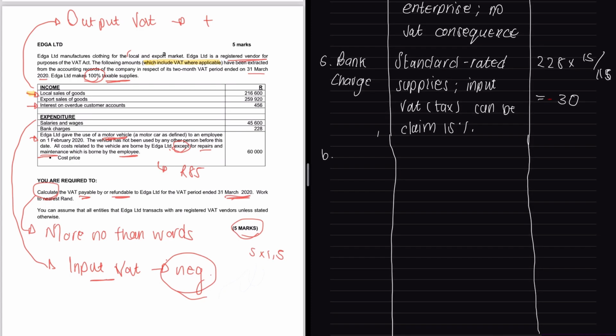So this starts. So we can say use of motor vehicle. This we know is a motor car as defined. Key elements there. What is the cost of this motor car? We're going to start here: deemed supply.